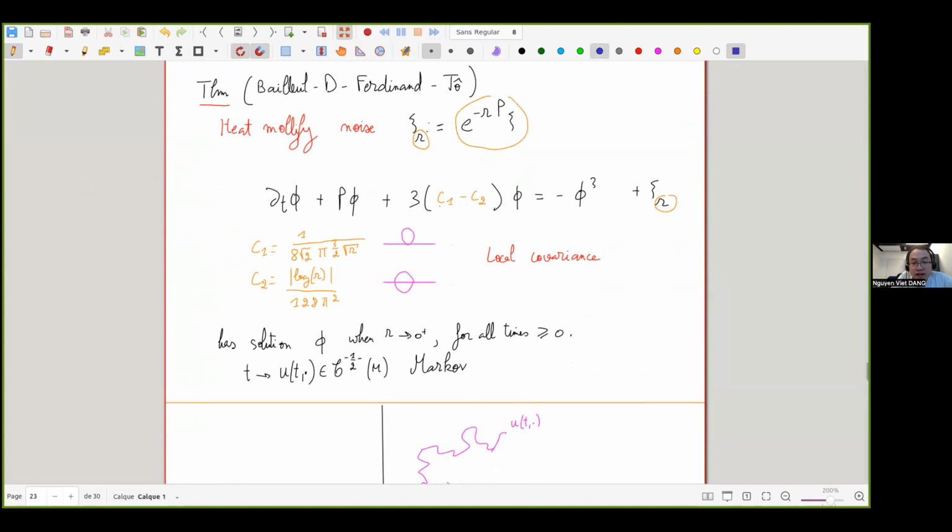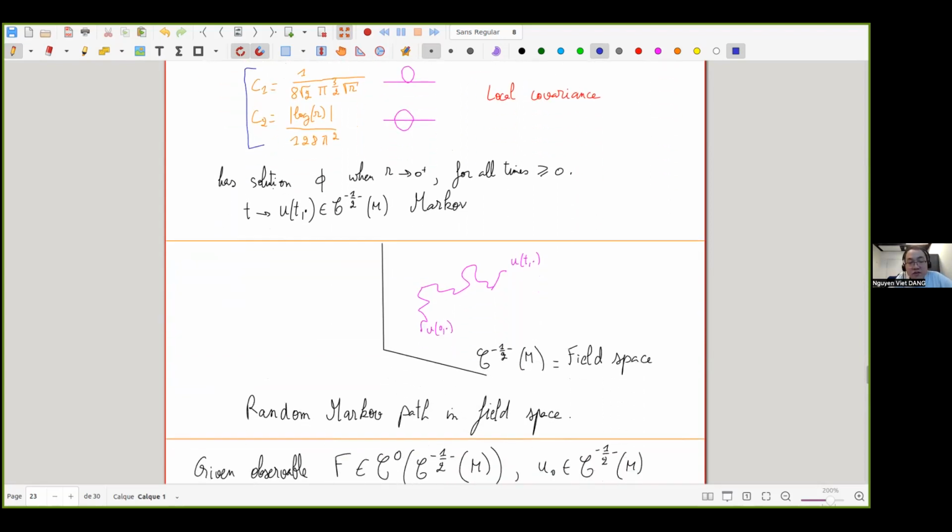You have to subtract some singular counterterms, C1 and C2, that we calculate explicitly in terms of the cutoff R, such that in the limit, when R goes to 0, the solution of your mollified PDE converges to some well-defined solution of a renormalized stochastic PDE.